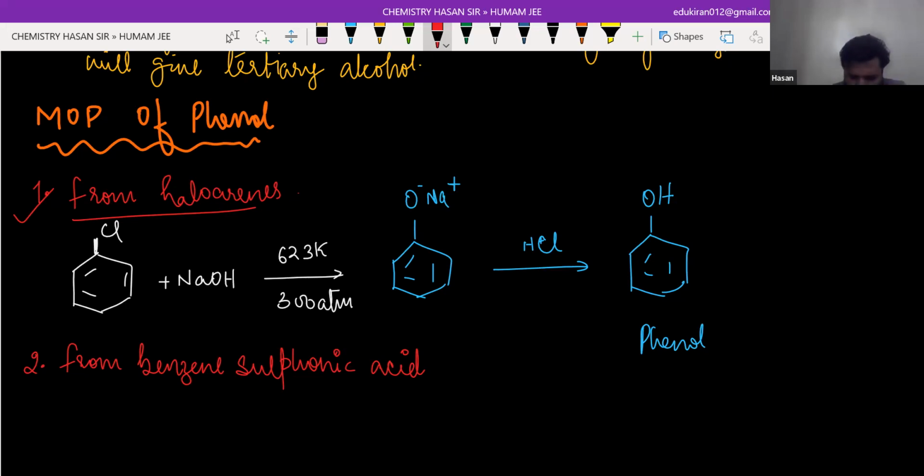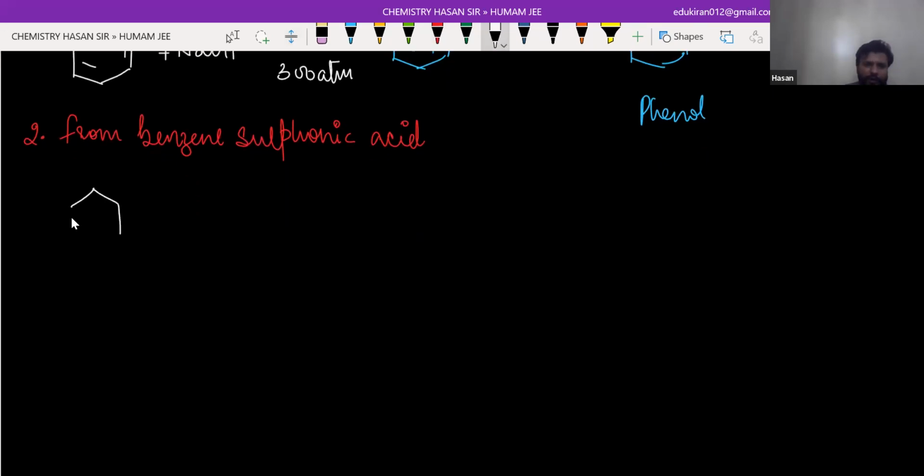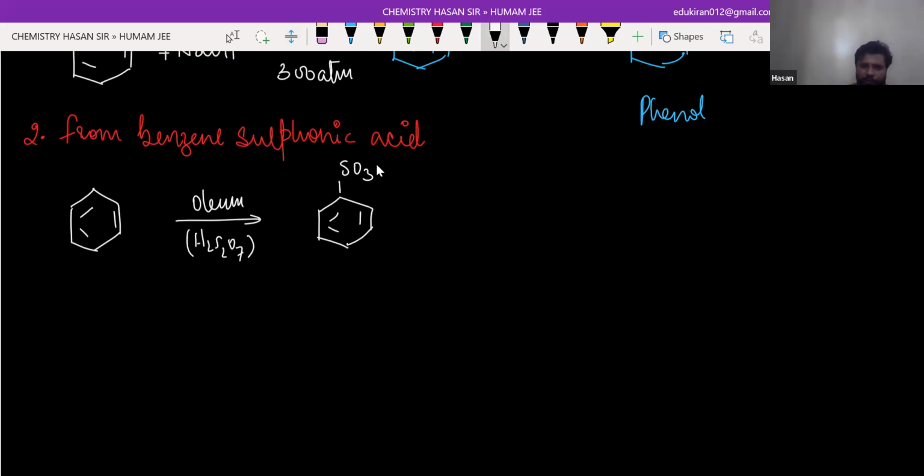Very good. The next is basically from benzene sulfonic acid. So first we need to prepare benzene sulfonic acid. We are going to treat this benzene with oleum, H2S2O7, in the presence of water. So this will be directly converted into benzene sulfonic acid.